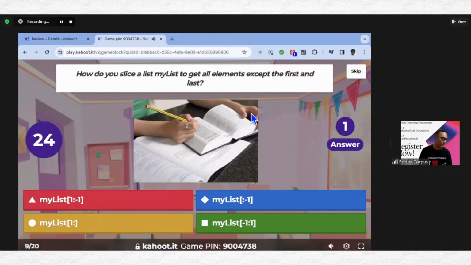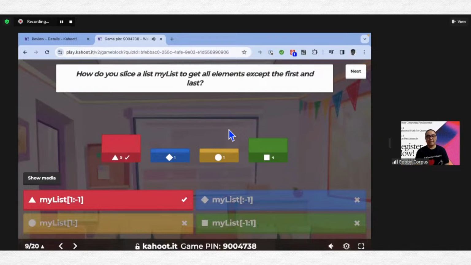First and the last. Malin dyan. Good work, huh?